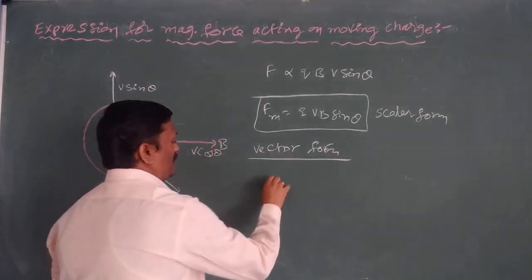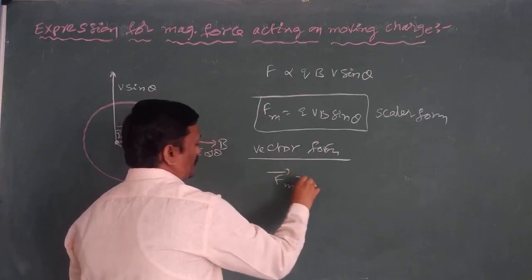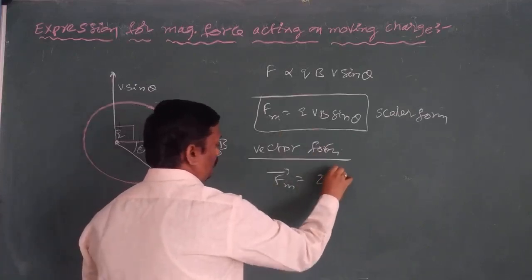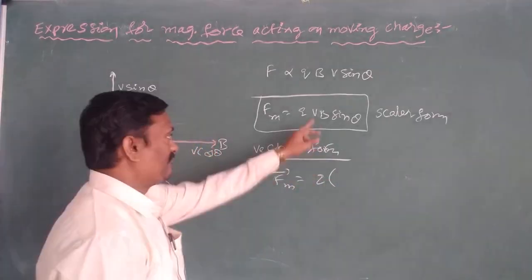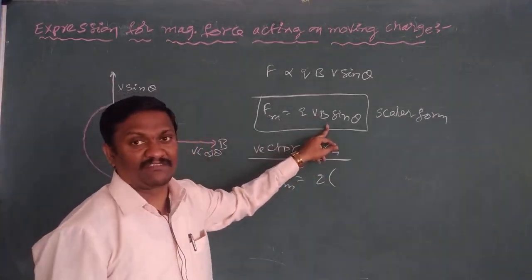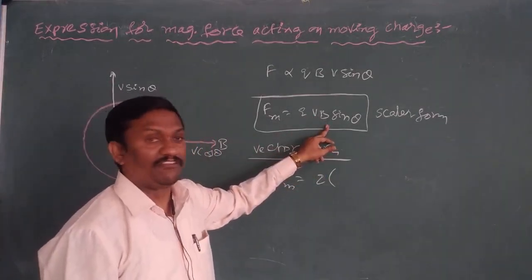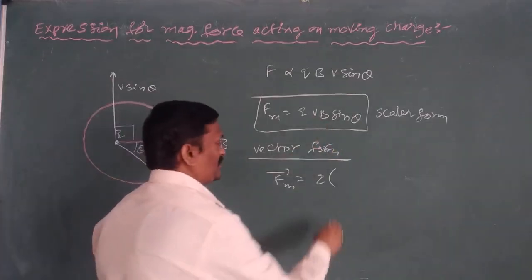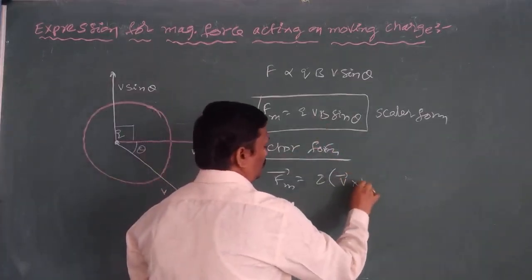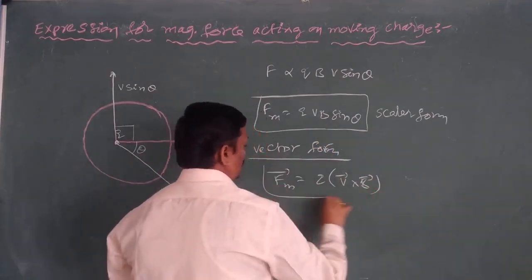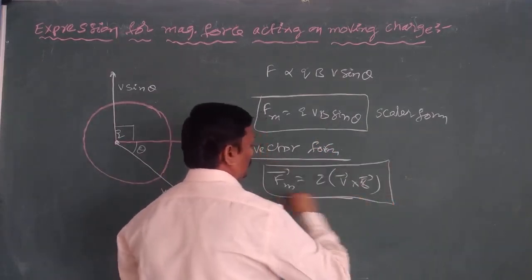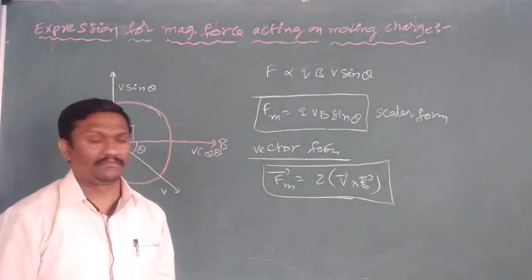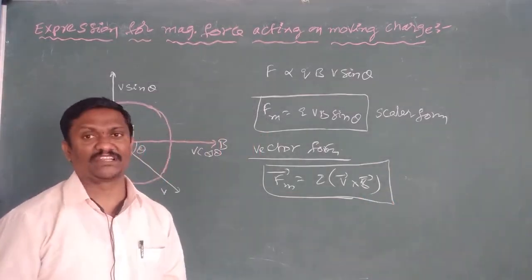The vector form of magnetic force is Fm bar equals q times, where q is a scalar, but velocity and strength of magnetic field are vector quantities. We know AB sin theta means A bar cross B bar. Here vB sin theta means v bar cross B bar. So this is the vector form of the magnetic force acting on a moving charge inside the magnetic field.